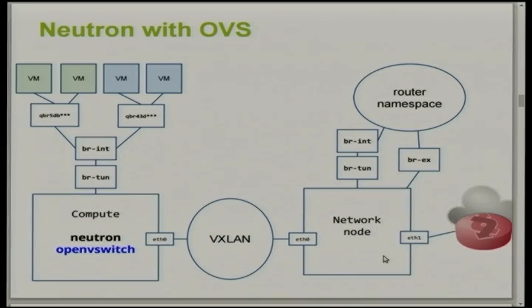That's the left-hand side. On the right-hand side, the network node takes care of all the rest of the routing, like security controls and SNAT gateway stuff.